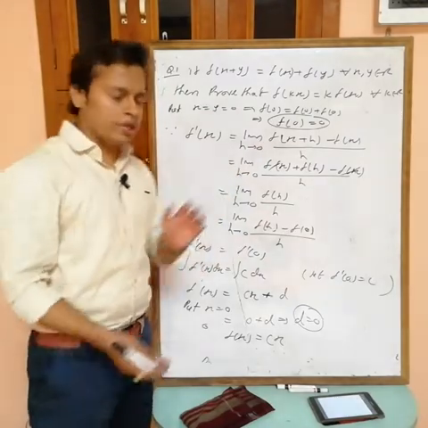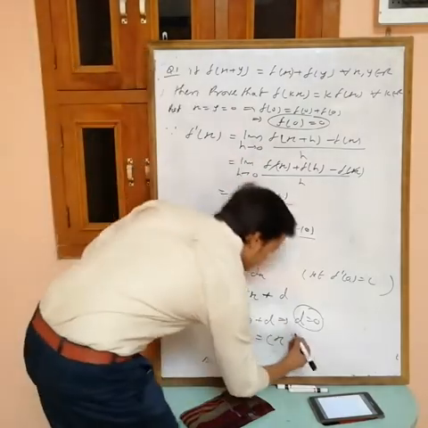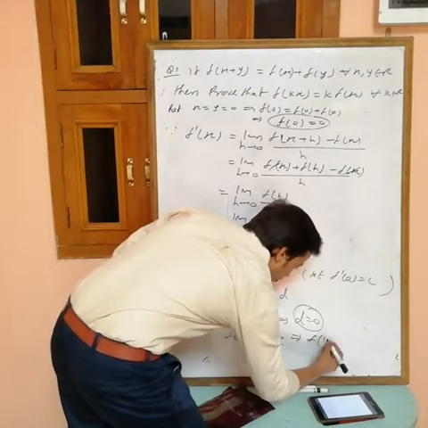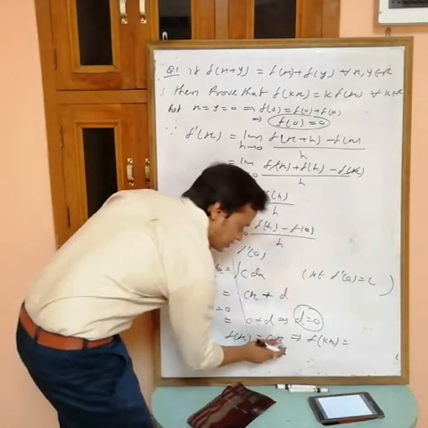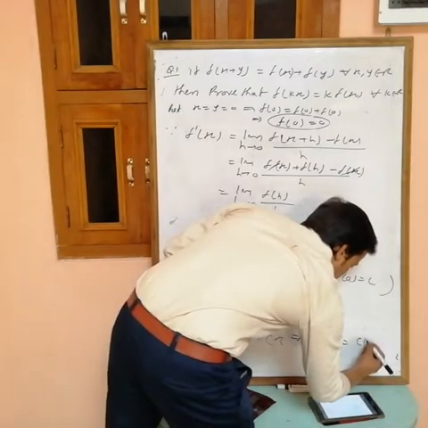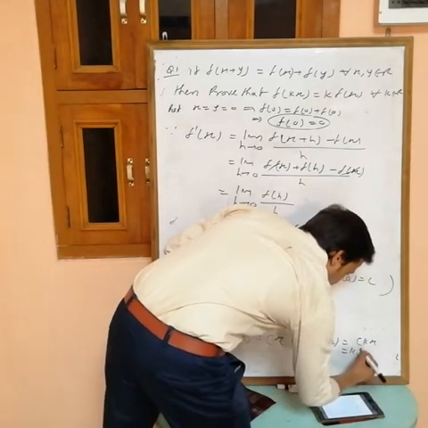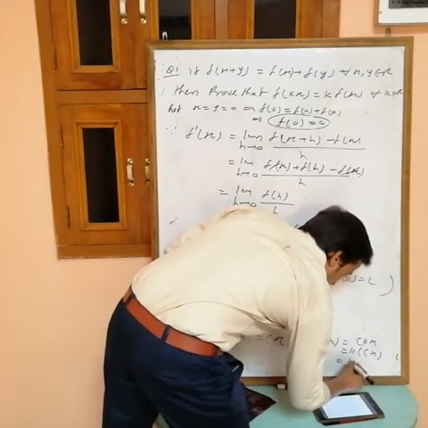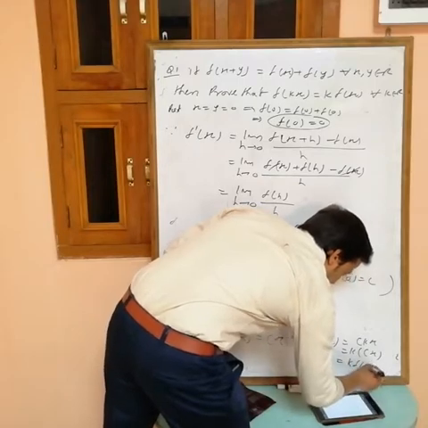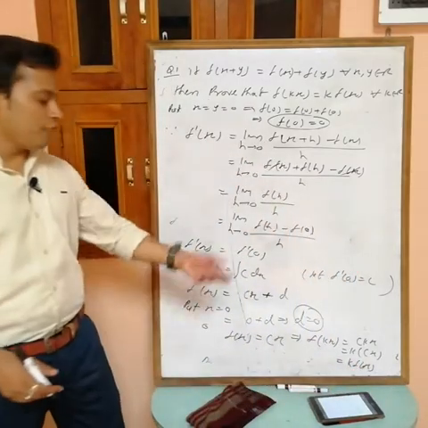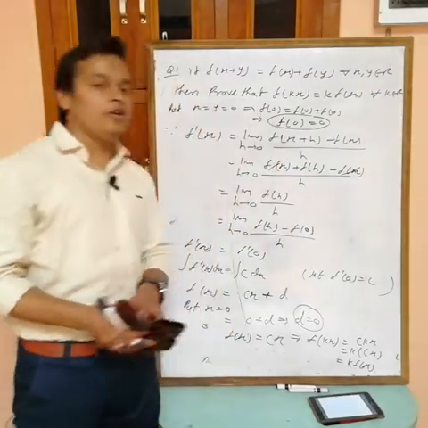Now you can easily find what we have to prove: f(kx), replace x with kx, c of kx. Can I write this as k of cx, and cx can be written as f(x), hence proved. f(kx) equals k f(x).